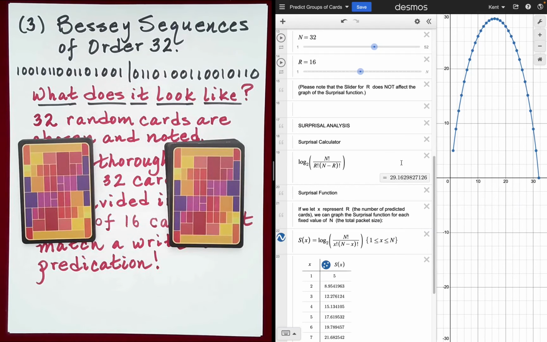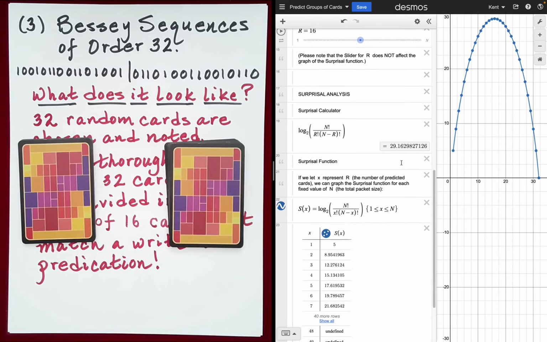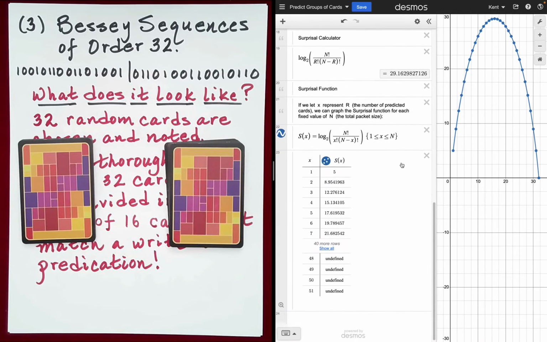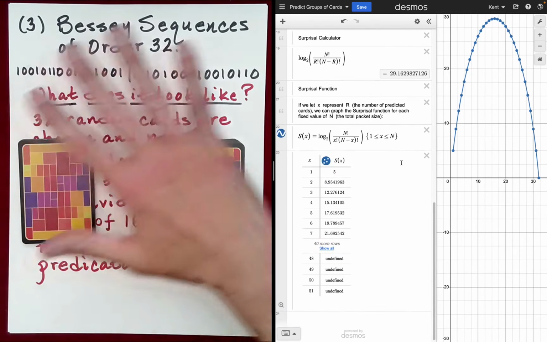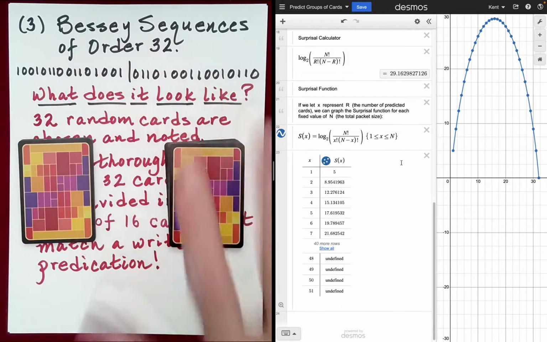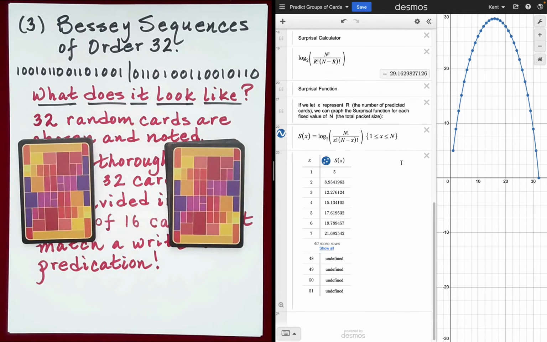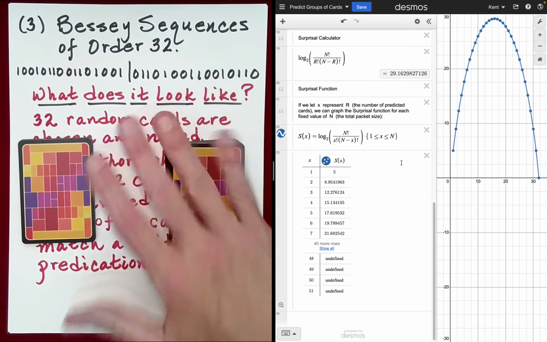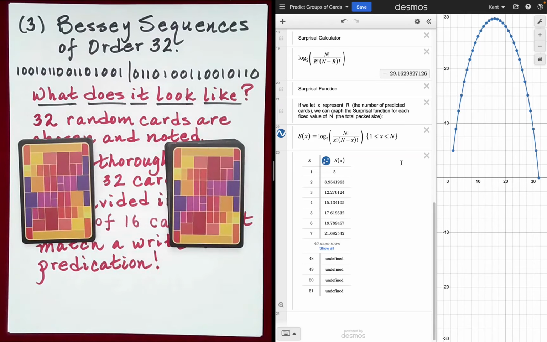bits. Okay, so once again, the interpretation will be the same. The level of surprise in witnessing a successful completion of this performance is the same level of surprise one would experience in witnessing 29 fair coins being tossed high into the air and then having that person predict that all 29 coins will land heads up.